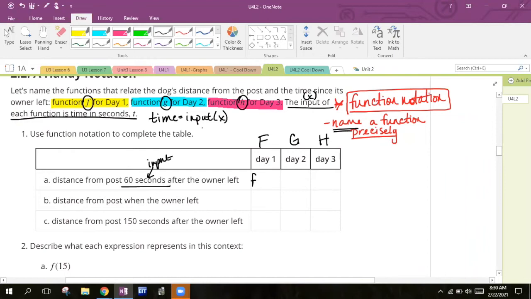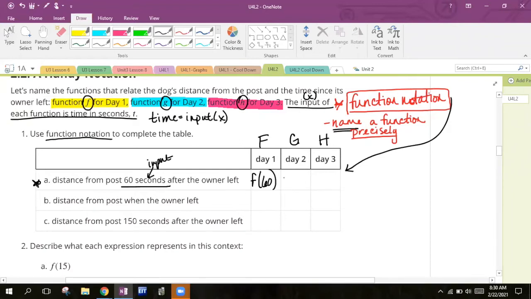So if we're doing our input, the input goes in this little parentheses right here. So it would just be F of 60. Okay, so we're not answering this question right here. All we're doing right here is we're writing it in function notation. Okay, use function notation to complete the table. We're not answering the questions, we're just writing them in function notation.